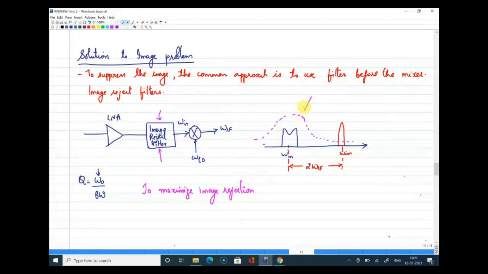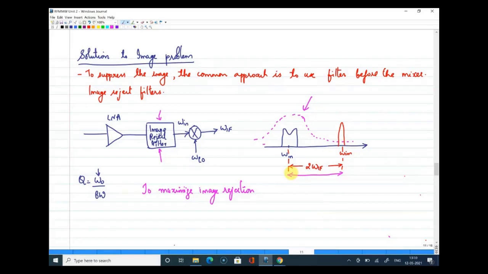You can see this is the characteristic of the filter. Now, if omega in and omega im are well separated, or if this distance, 2 omega IF, is sufficiently large, it is easy for the image reject filter. So why am I telling you it is easy for the image reject filter?